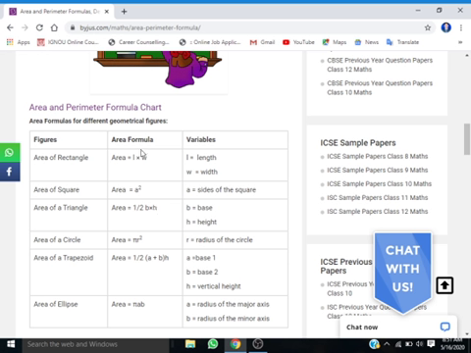In all calculations of areas, you can observe multiplication of 2 dimensions is mandatory. That means the unit would be a square of unit, like a square of meter, a square of centimeter, a square of millimeter. So that is the part of unit. Area of ellipse is not in your syllabus.